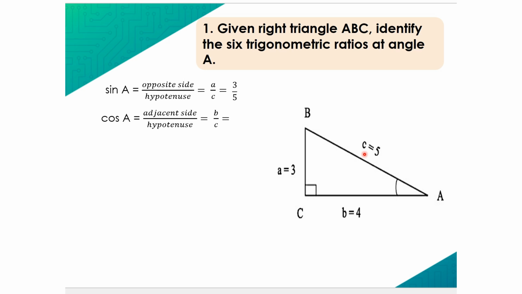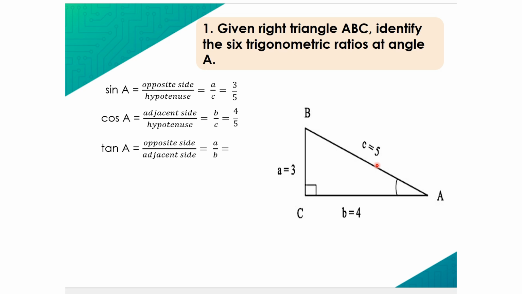Second, cosine A. Cosine is adjacent over hypotenuse. So this is our reference angle. The adjacent side is B, and the hypotenuse is C. Meaning, our cosine A is equal to 4 over 5.